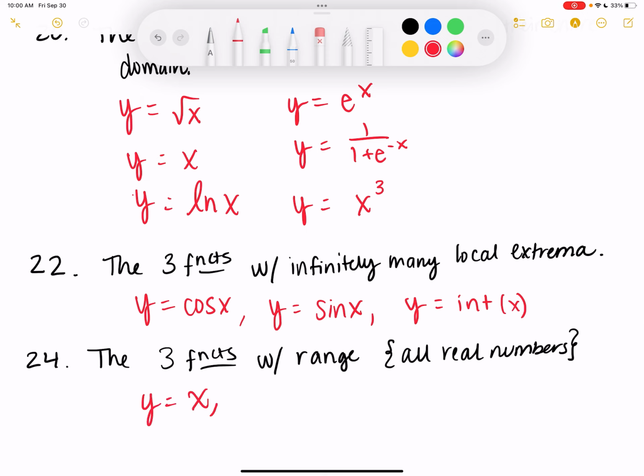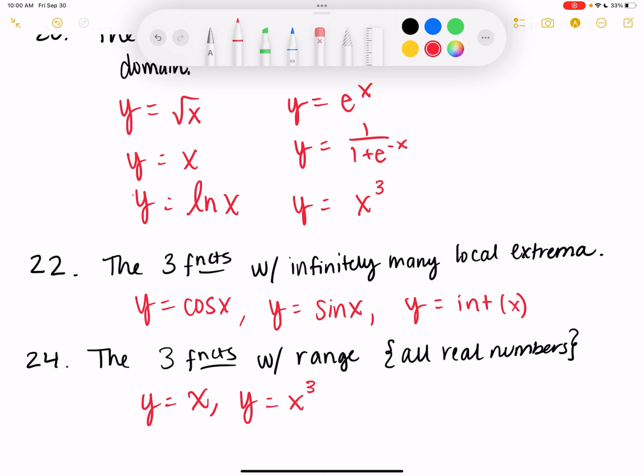I said all y values. John, look at this: y equals x cubed. This is all y values too.